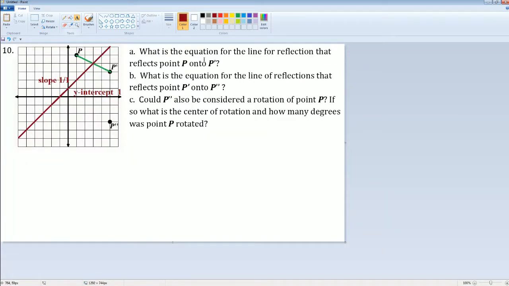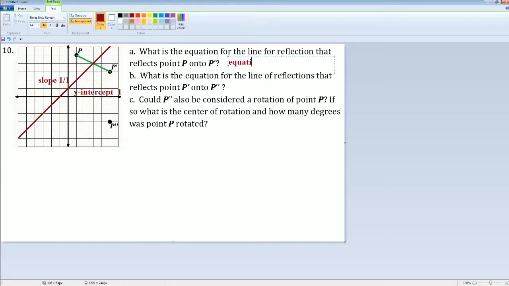The equation for the line of reflection is always in the format of y equals mx plus b, because it's a linear line. So y equals mx plus b, where m is the slope, which was 1, x, plus the y-intercept, which is plus 1. There you go.